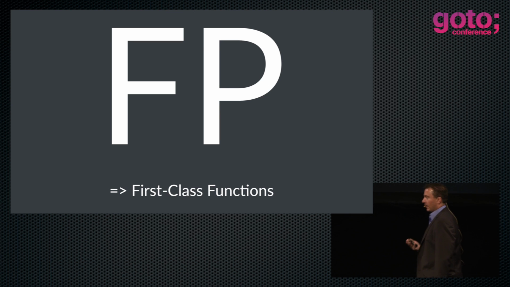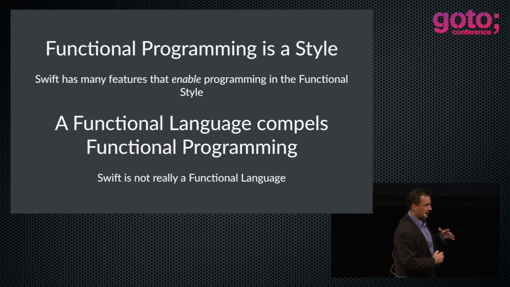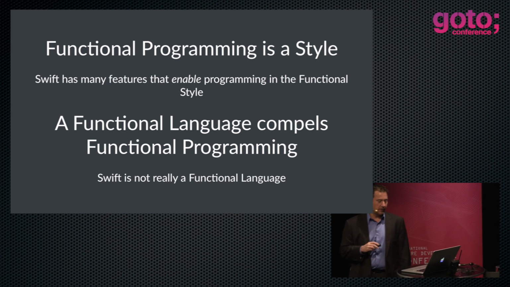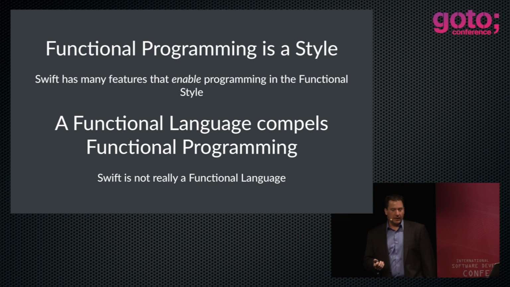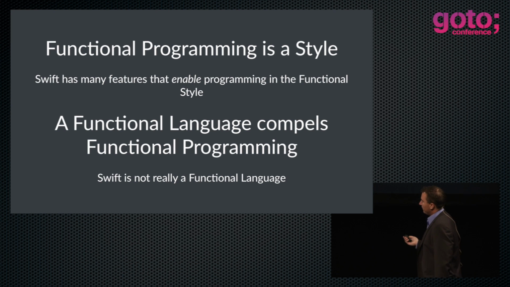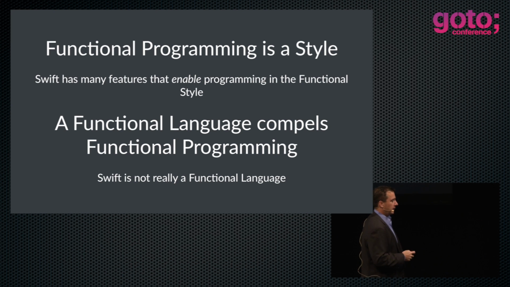First-class objects means that they are on par with your ints, or on par with your strings, or on par with your own custom classes. They can be passed around. They can be manipulated. They can return other functions and things like that. So as I said, it's a style. You wouldn't say Swift is a functional programming language, but you would say it allows and almost encourages you to adopt a functional style for how you would do things.